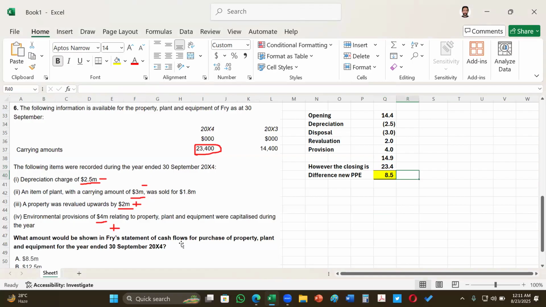And this is what is required in the question. So we put in all the details that we know: the opening balance, the depreciation charge, the disposal amount, the value by which the asset has been revalued and it has increased, and some more provision that has been created. And we figured out it should be 14.9, but when we look at the closing value, it is a higher value. I hope it makes sense now.